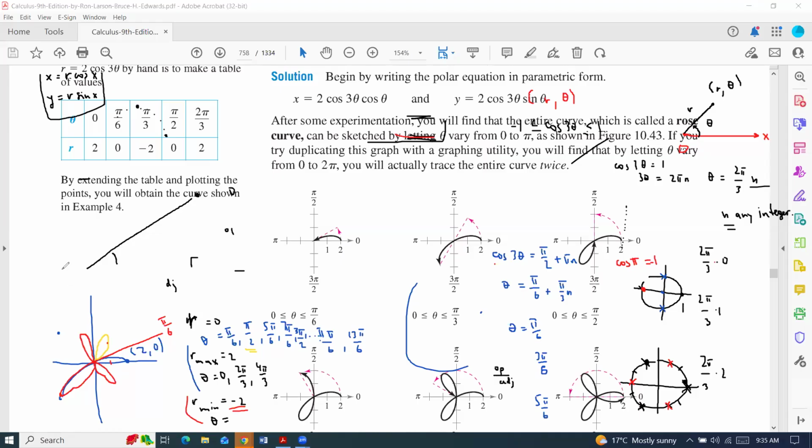So instead of positive angles, they are now going to be negatives, and they're going to reflect to this one. And then the process will repeat. Now the next petal will actually cover itself because r is positive. So the whole so-called rose, the 3-petal rose, is going to be double drawn.